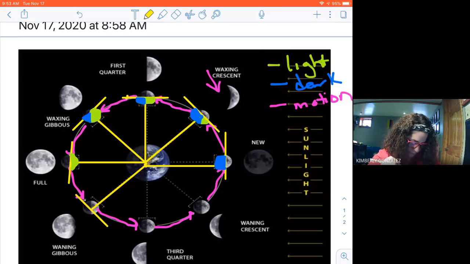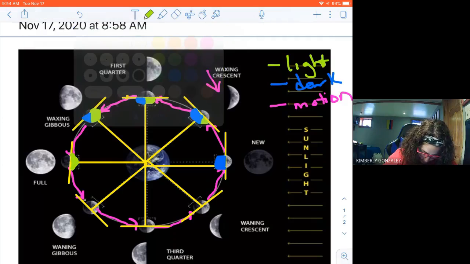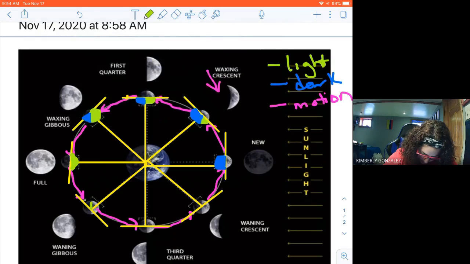Your math teachers would be so proud of you learning how to draw perpendicular lines. Alright, we're just coloring and drawing lines.